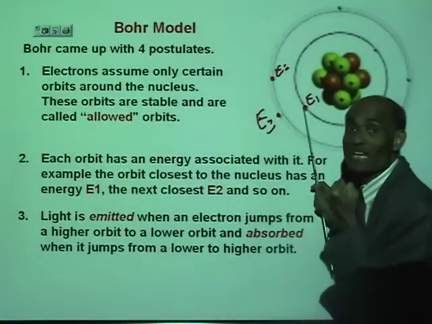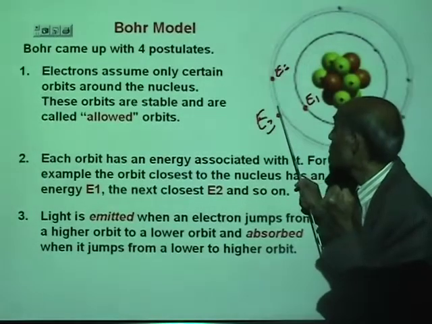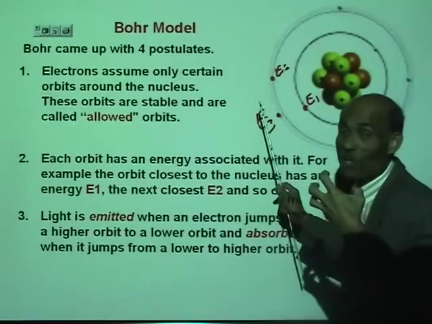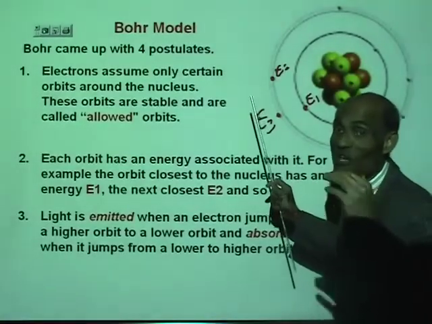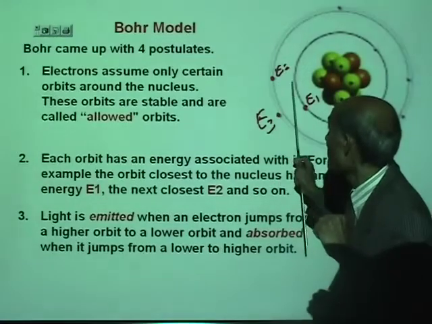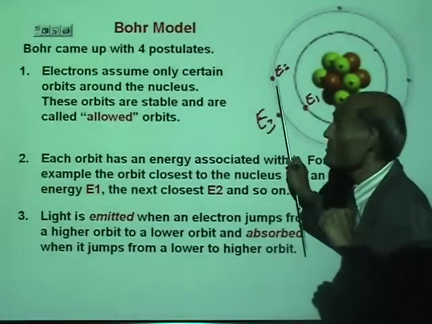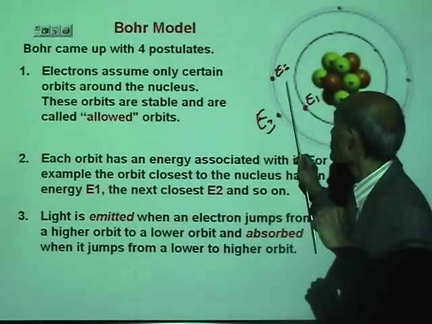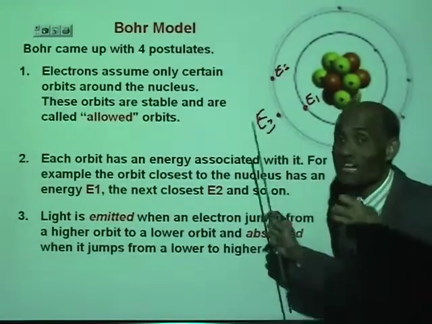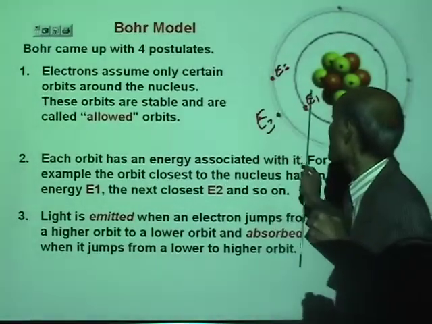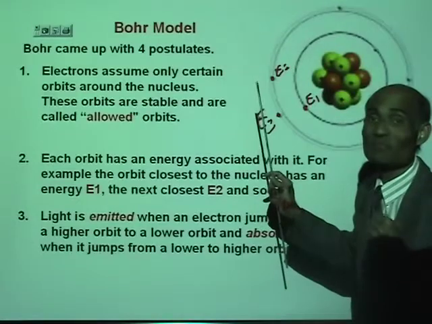When an atom absorbs energy, what happens? Electrons from the inner orbits will jump to the outer orbit. Now, an electron that has jumped like that will not stay there for long. It will want to come back. And when it goes from orbit 2 to orbit 1, it has to emit the extra energy. The energy E2 minus E1 is emitted.